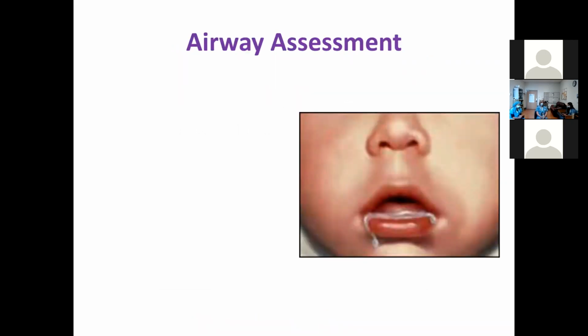So what do we assess under pediatric airway?